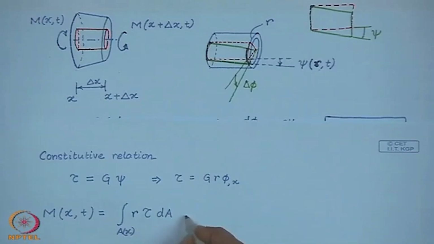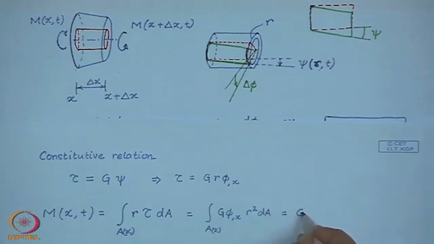So, if I substitute this expression, I have this, and since these two terms, the G and phi, have nothing to do with this integral of the area, I can safely bring them out.